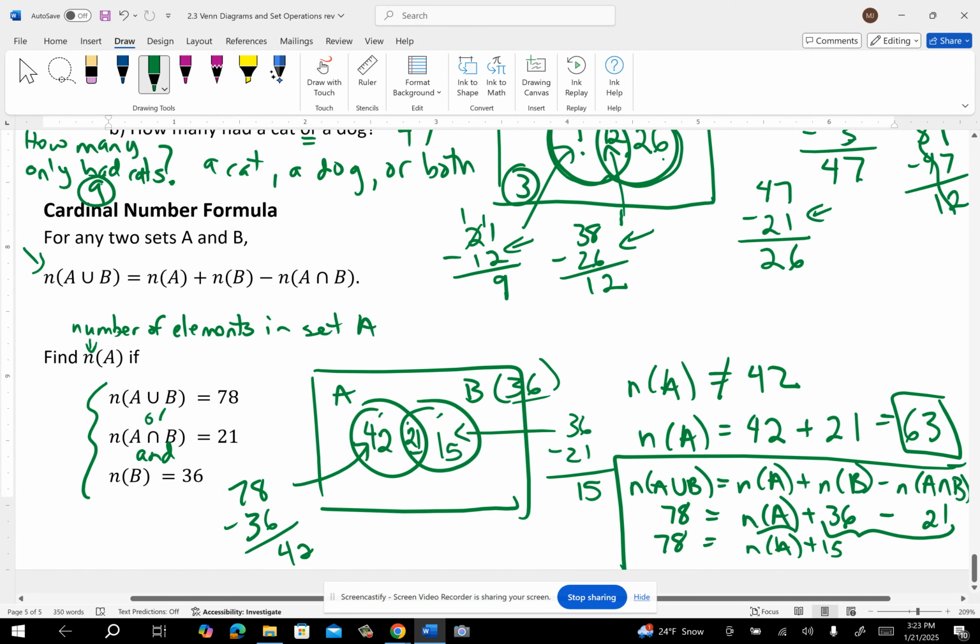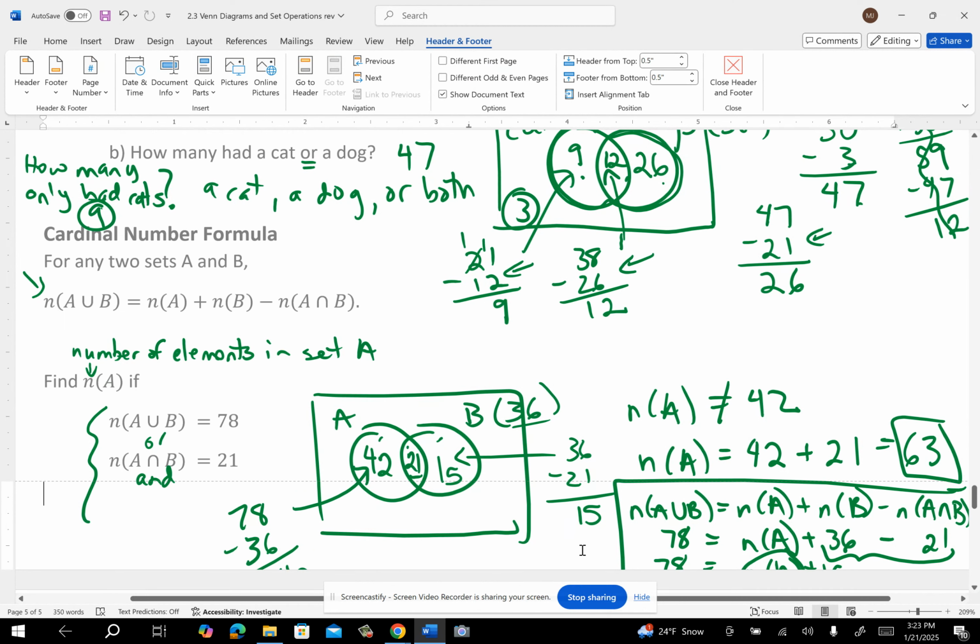So to get the number of elements in A, what I could do, boy, I just need a little bit more room. Hold on a second. Let me just get another page right here if I can. Okay. See if I can get some more room down here so I can show you what I want to show you.